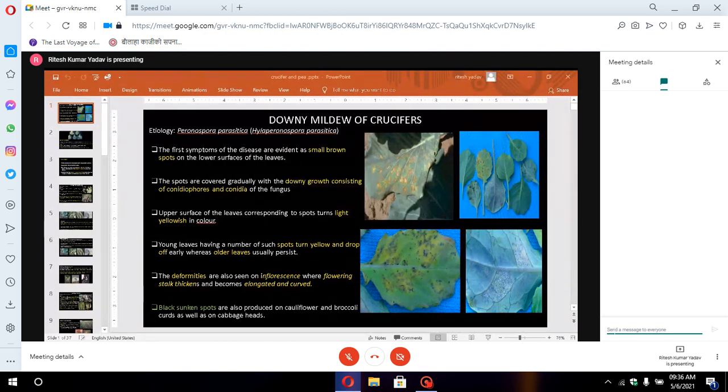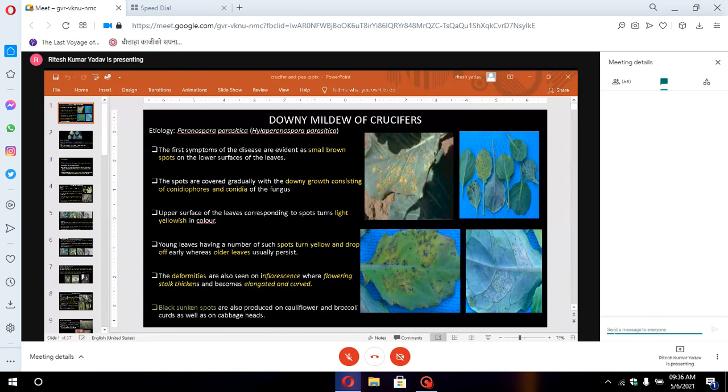So we have already discussed downy mildew of cucurbits. In the case of downy mildew of cucurbits, you were told that there's formation of some kind of oily yellow spots in the initial stage. Initially, before that, there are some water-soaked spots formed, and they are usually vein limited.